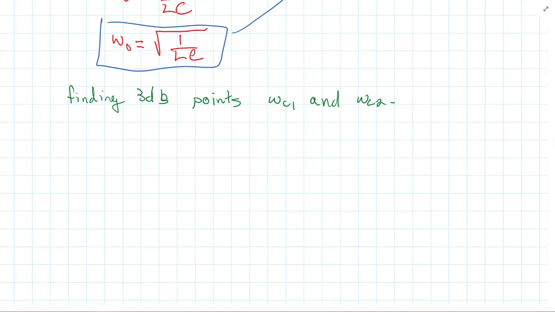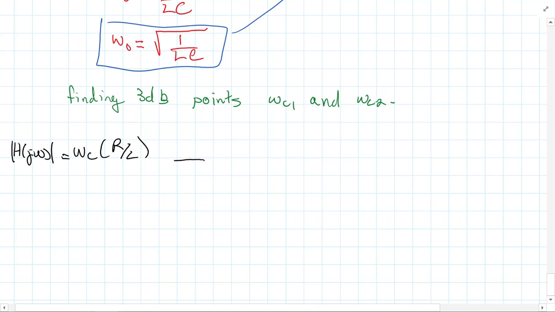Well, we have the transfer function here that we have: omega c times r over L. This is the magnitude of H at j omega that I'm writing here. And this is all over that really messy square root, that denominator square root that we found.